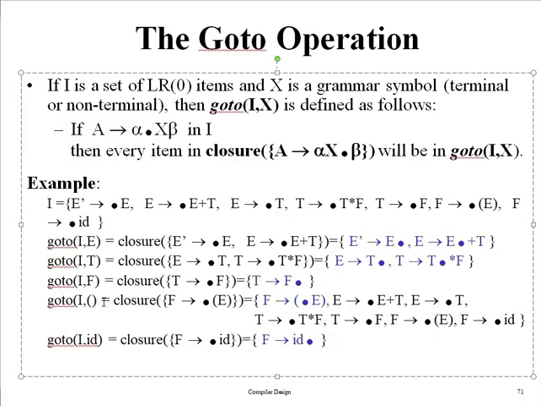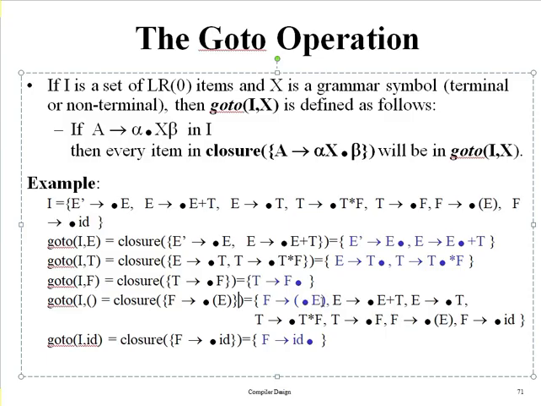For the next F production rule, which has the terminal opening bracket after the dot, we have a single item. After applying closure, we have F derives opening bracket dot E.